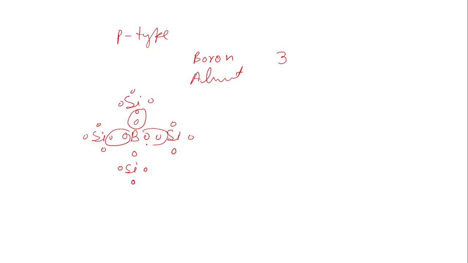So see, if I have boron or aluminium with 3 valence electrons, and all others around it are silicon, then these will share. But here it has nothing more to share. These are all the electrons.